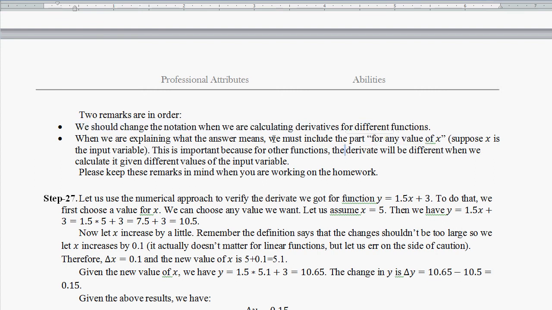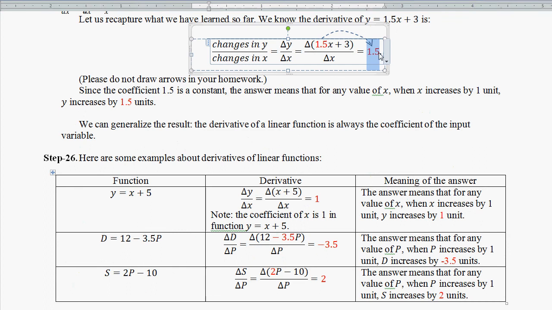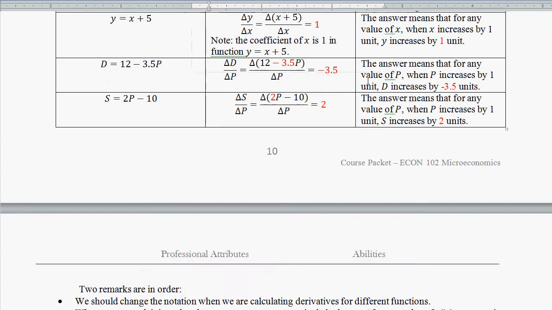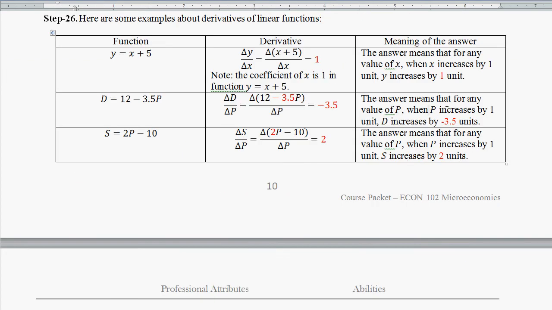It's always equal to this constant. So we need to include that part. This is not true for other functions. It's only true for the linear functions. That's why we want to emphasize that part. It's here: for any value of p. Don't forget that part when you're explaining the meaning of your answer.